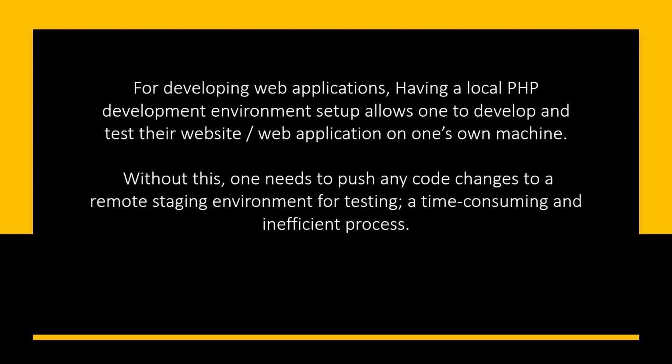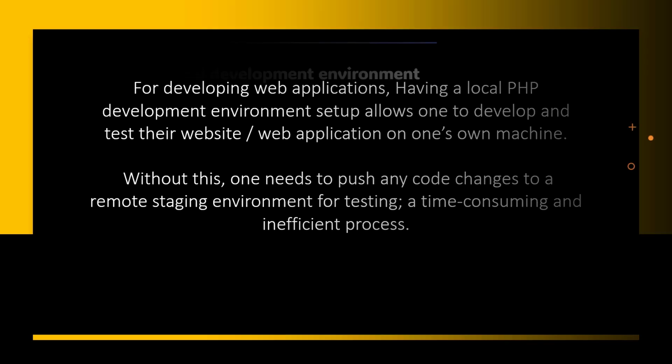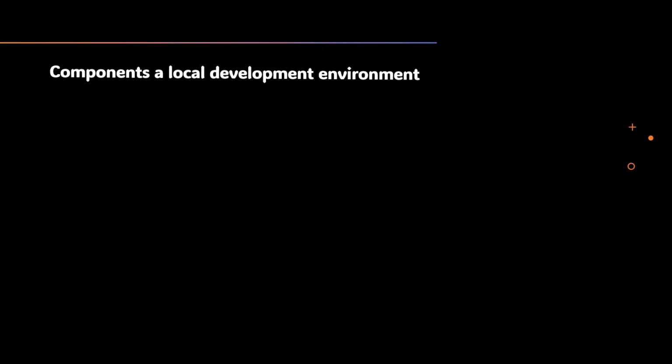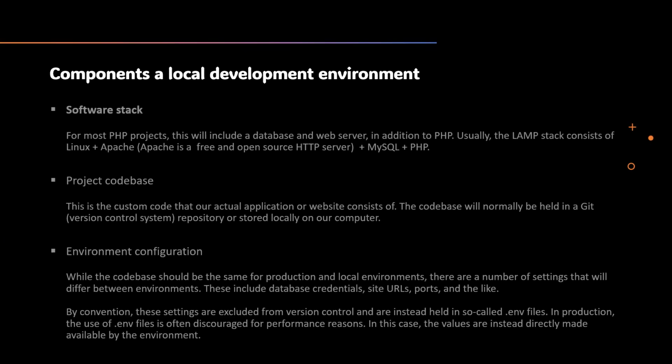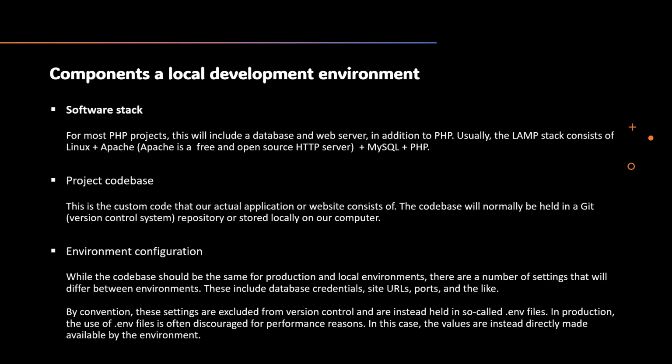Now, before I do that, I would like to explain the components of a local development environment, like the features. A local development environment has a software stack, and for most PHP projects, it includes databases and a web server in addition to PHP itself.